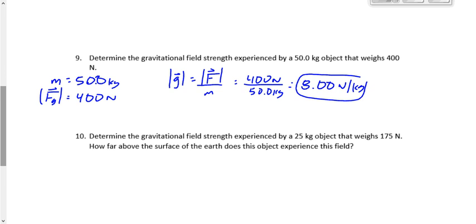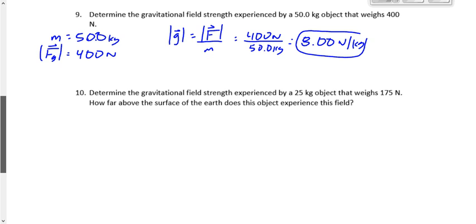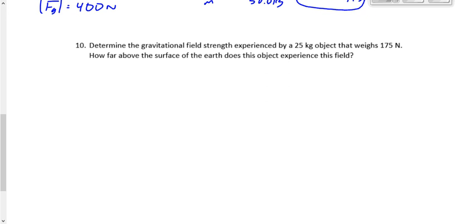10 is a good question. 10 says, determine the field strength experienced by a 25 kilogram object that weighs 175 newtons, and then how far above the Earth's surface does this object experience this field? The first part of this question, we'll focus on that first. This 25 kilogram object is an experiencer, so let's find the field strength experienced by this object.